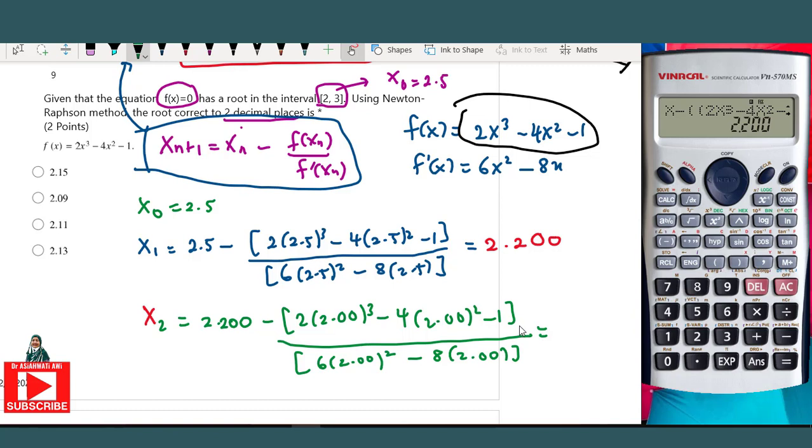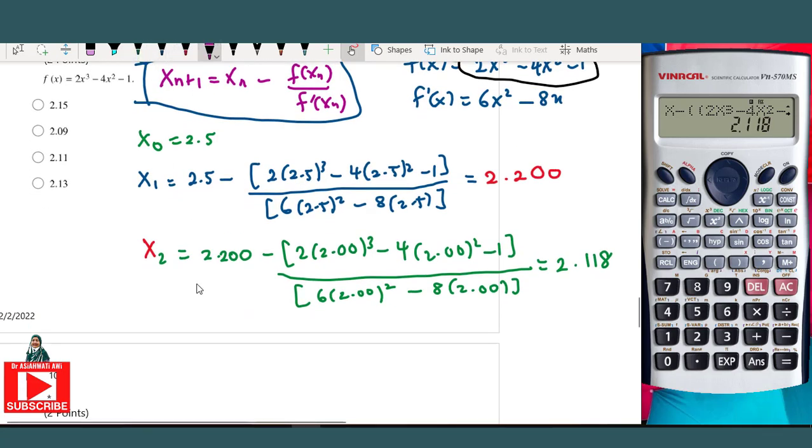We use the same formula, just hit the button calc, substitute the value 2.2, and the answer is 2.118. Round off 2.200 gives 2.2, and 2.118 rounded to 2 decimal places is 2.1. This is not equal, so we need to proceed to the next x.